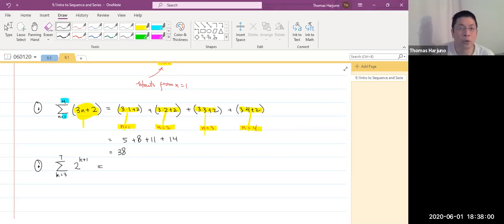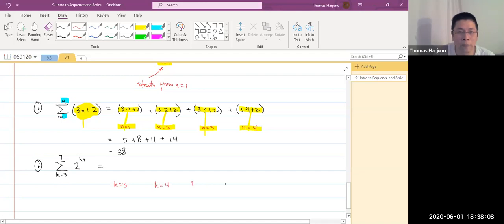So basically I have k equals 3, plus when k equals 4, k equals 5, k equals 6, k equals 7. Now when k equals 3, this would be 2 to the 4th, right?